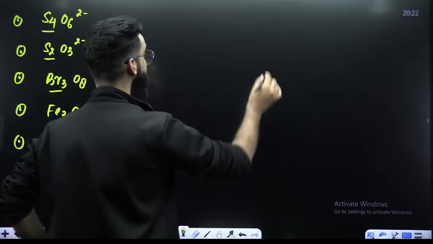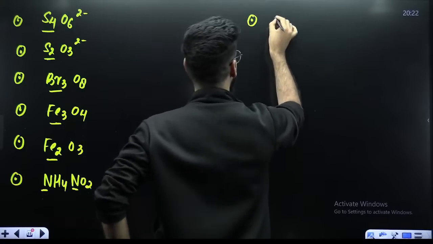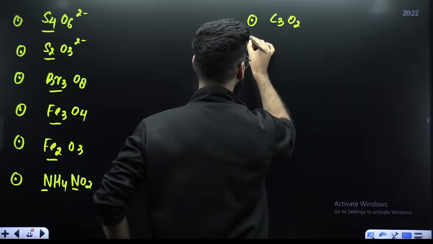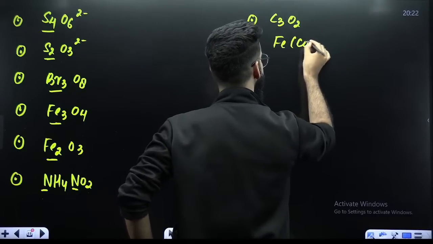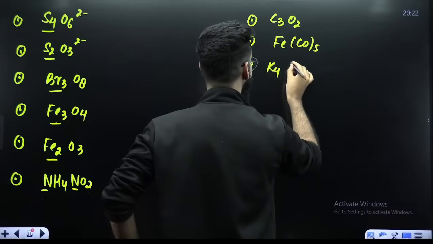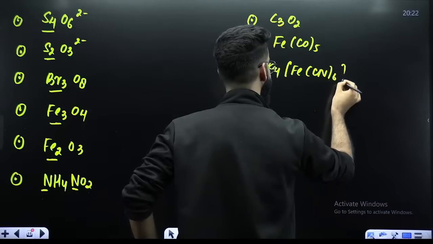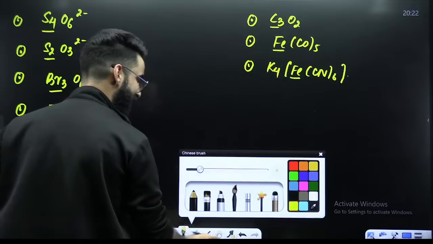For example, I've got a few more. You have got, for example, C3O2. Let's say you have got FeCO5. For example, you have got K4FeCN6. Now, the point is, how do we calculate the oxidation states of the underlying elements?